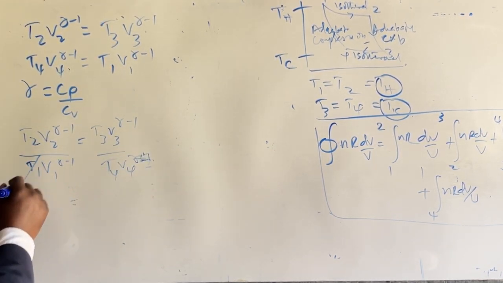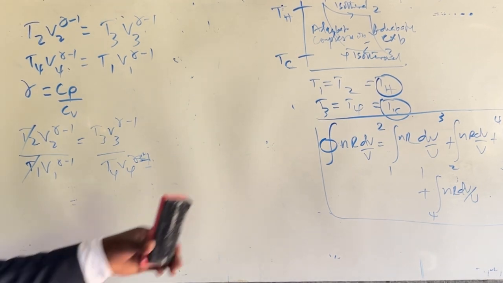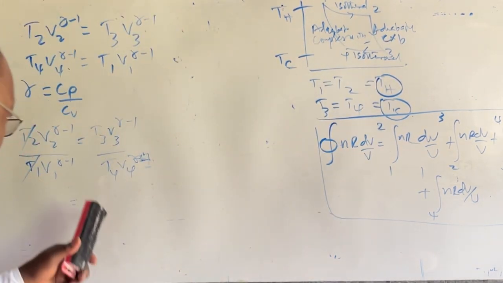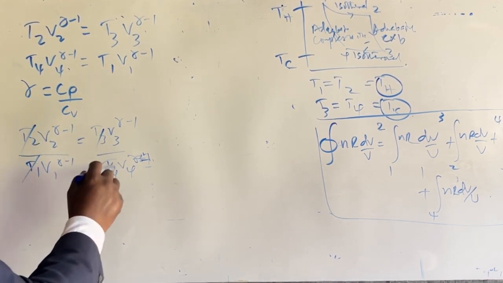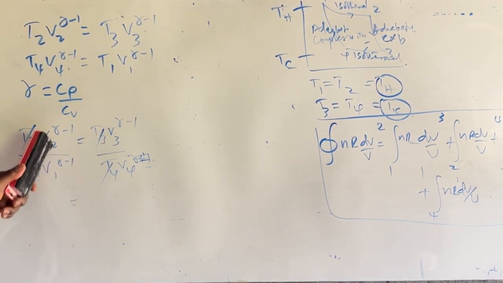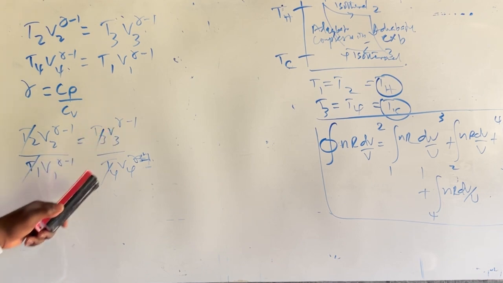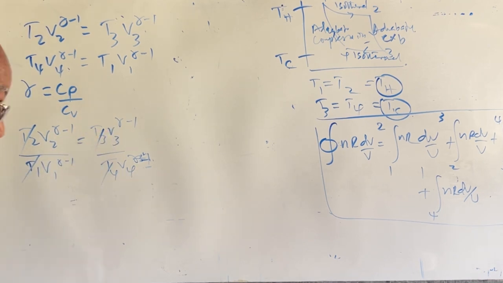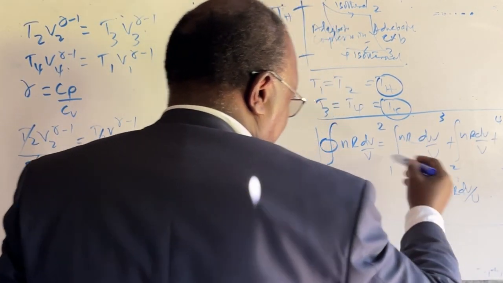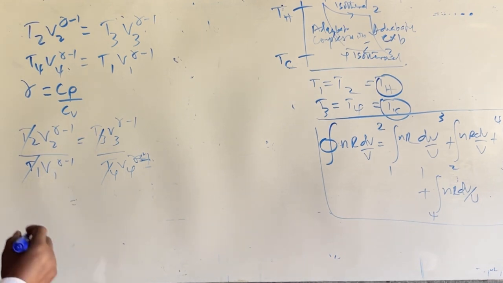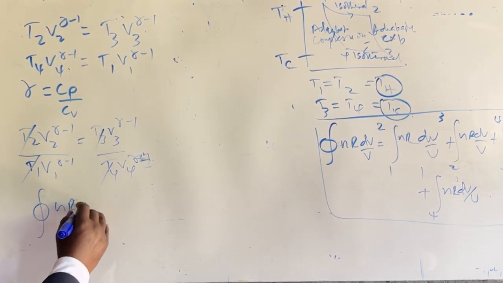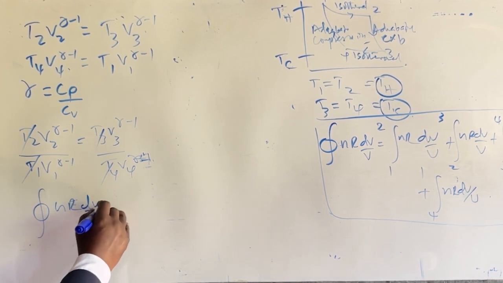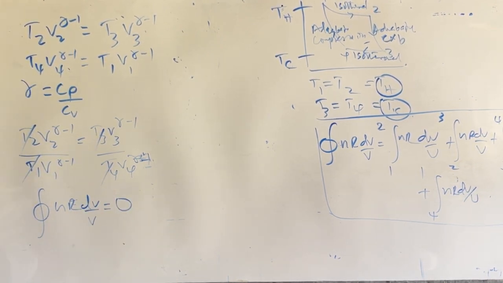You notice that T1 and T2 are equal because it's an isothermal process, and T3 and T4 are equal. So you can plug in those values. It now relates the volumes, V2 to V3 and V1 to V4. If you plug in all that, then you will find that again the cyclic integral of nR dV over V also equals 0.